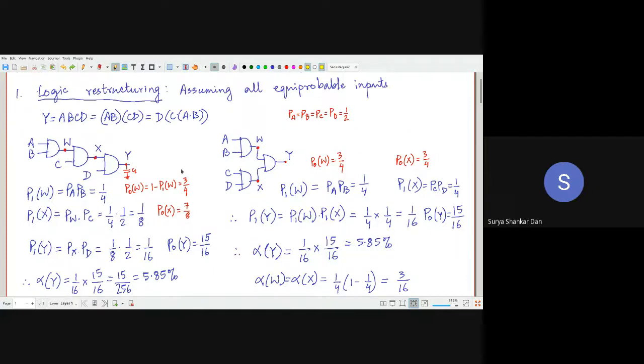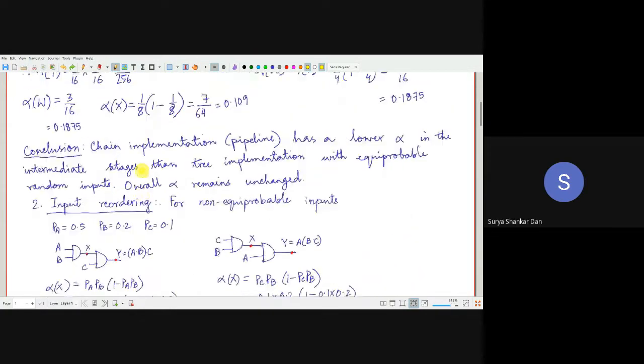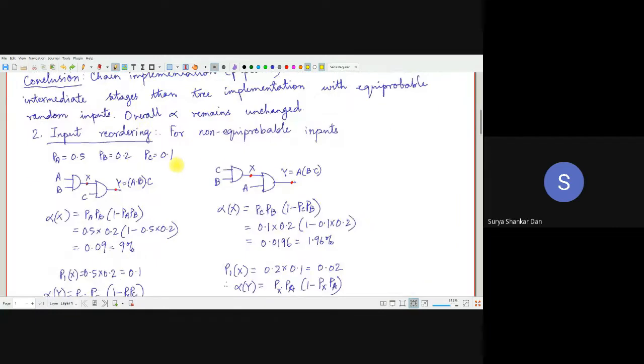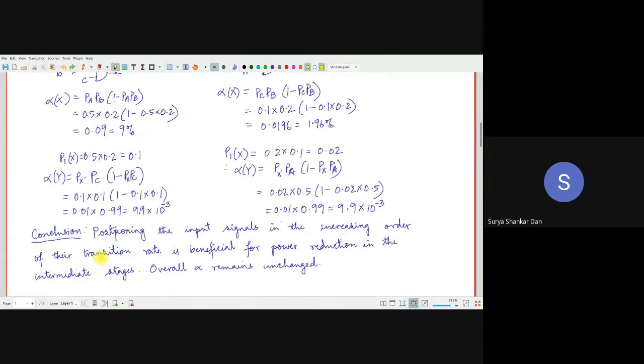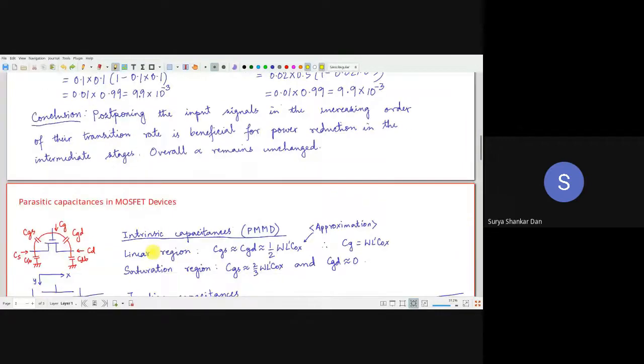ठीक है, आप समझ रहे हो ना, तुक्का मार के नहीं होगा ये, आप ऐसे भी बना सकते हो। पहले वीएलएसआई डिजाइन में शायद ऐसे ही बनाते थे, लेकिन अभी आपको समझ में आ रहा है कि नहीं नहीं, ये वाला बेहतर है, इसीलिए पाइपलाइंस यूज होते हैं इंडस्ट्री में। फिर जैसे यहां पर अगर नॉन इक्विप्रोबेबल है, then you have to arrange according to the increasing order of transition rates.